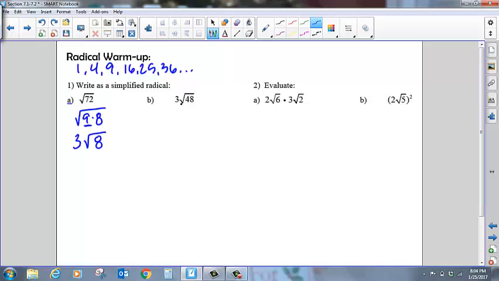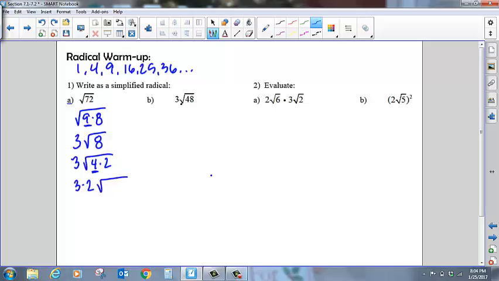Now from here, you want to check to see if you can break down the 8 even further using one of these perfect squares. And the answer is yes, because 8 is divisible by 4. So we can change 8 into 4 times 2, and then we can take the square root of 4. The square root of 4 is 2, so that's going to go outside.